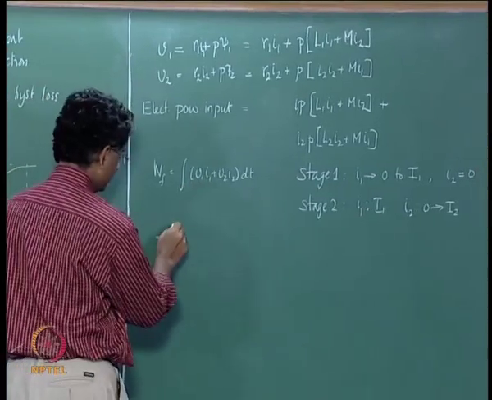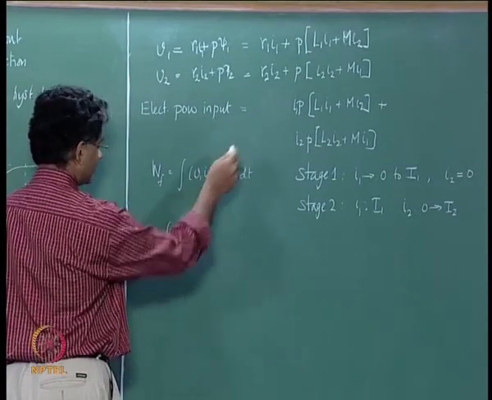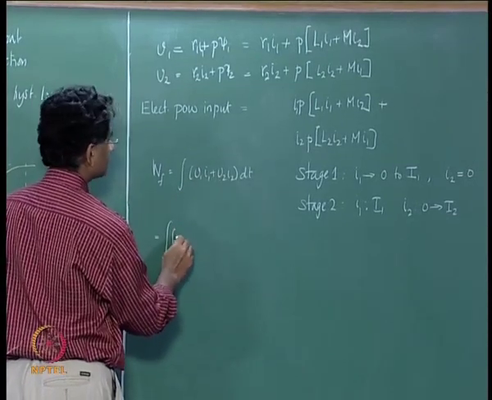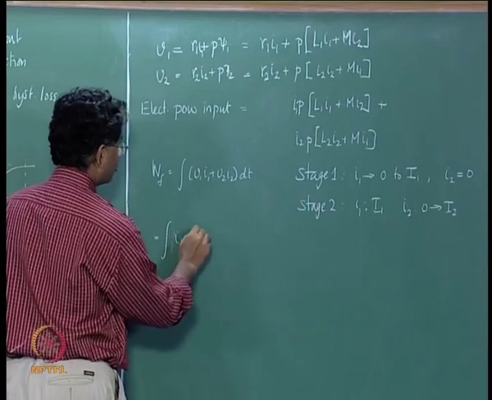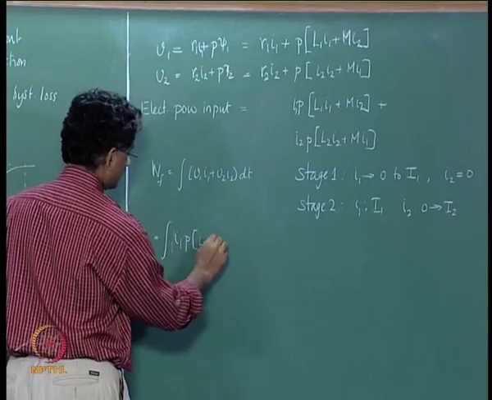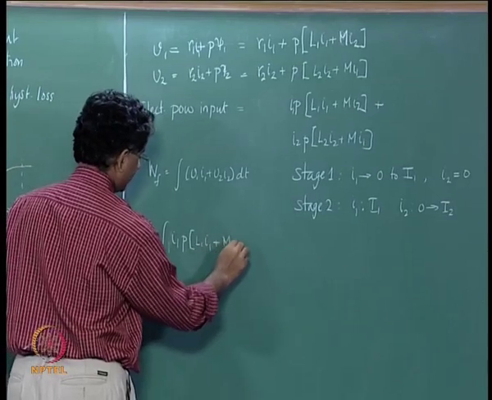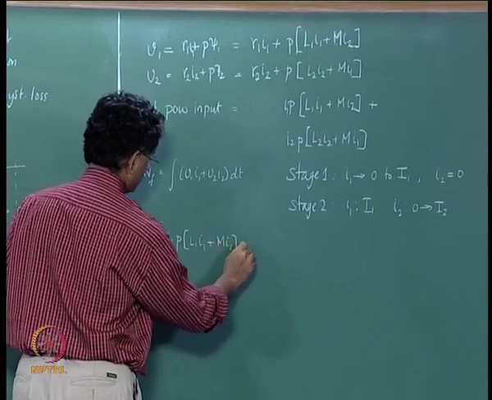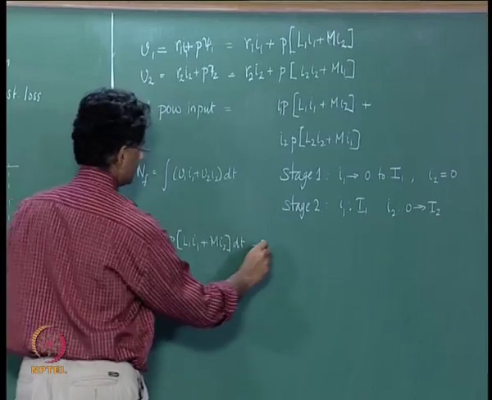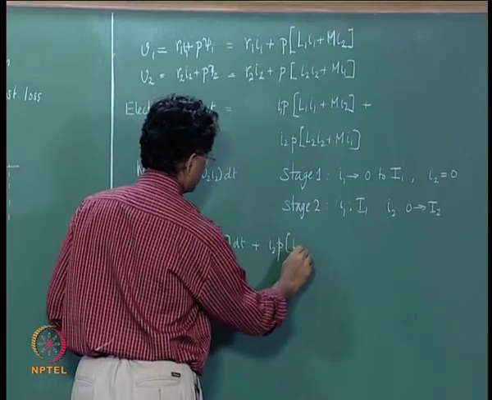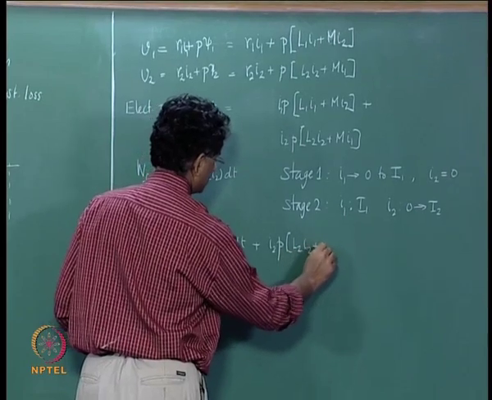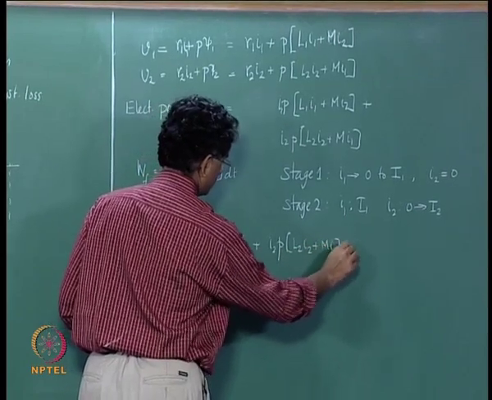You are essentially going to integrate, this expression is nothing but I1 into P of L1 I1 plus M I2 dt plus I2 P of L2 I2 plus M I1 dt.